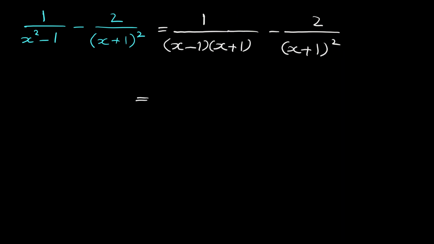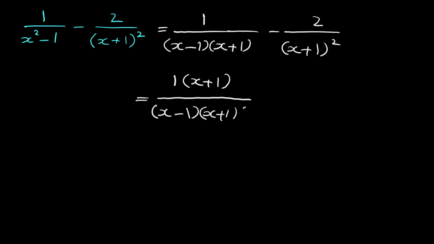So for the first fraction, we multiply the numerator, which is 1, by x plus 1, and we multiply the denominator also by x plus 1. Then in the denominator we have x minus 1 times x plus 1, and because we multiply by an extra x plus 1, it would be x plus 1 here. But attention, you don't need to write it this way. X plus 1 times x plus 1 can be written in the more compact form, in the form of x plus 1 to the 2.